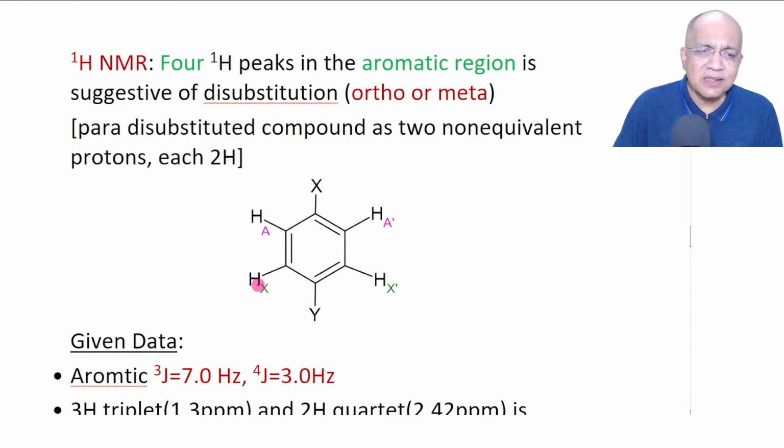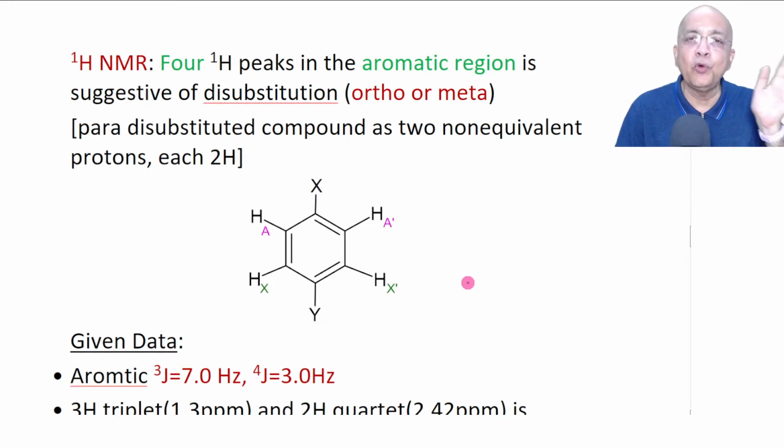Now X will give you another doublet, because you take X, this is a doublet by J3, and these two will not couple with each other, they are chemically equivalent, and J5 is 0. So both of them will give you a doublet at the respective positions depending on the nature of X and Y. Forget about it.